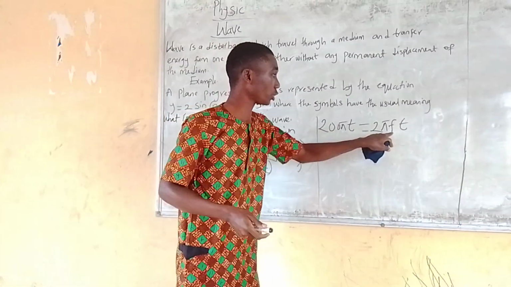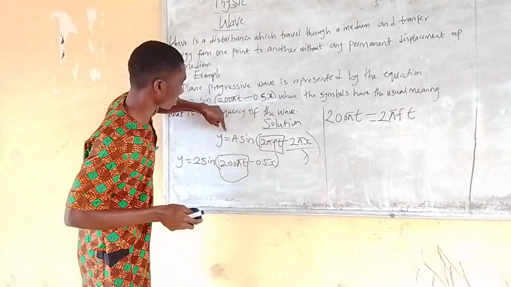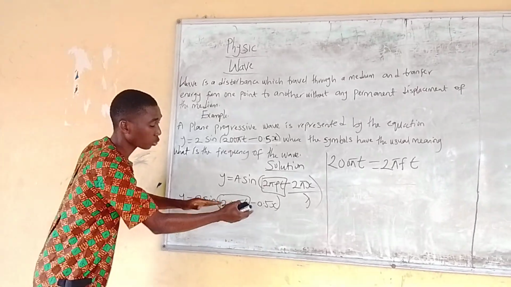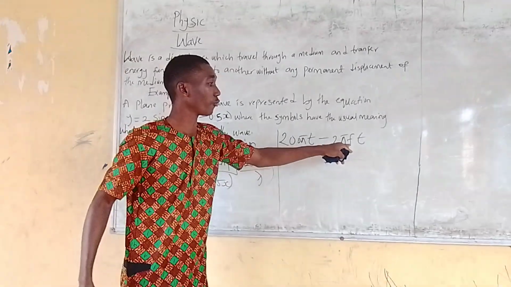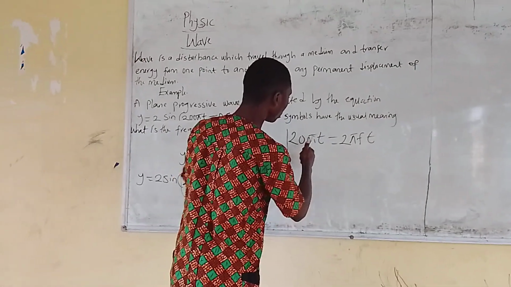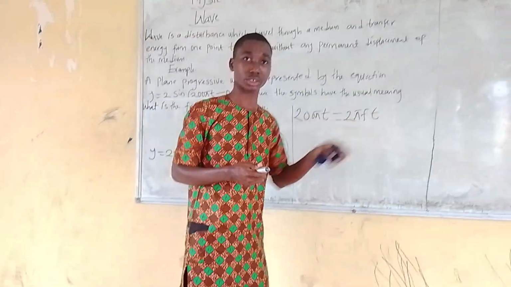Remember what we are looking for is the frequency. Let me explain it again. This is the wave formula, and this is the equation formula. We compare them because we are looking for frequency. So we have 200 pi t equals 2 pi ft.